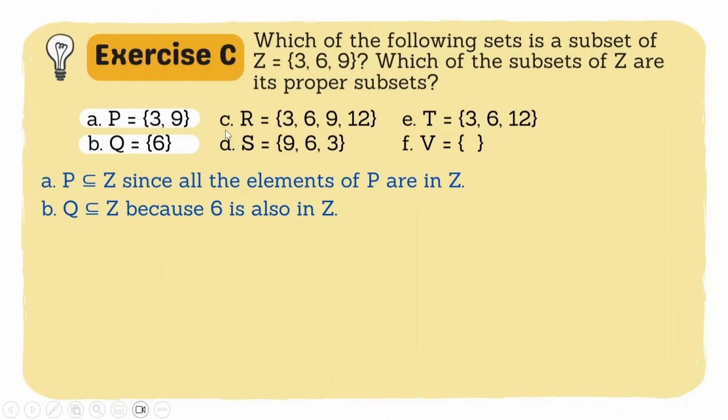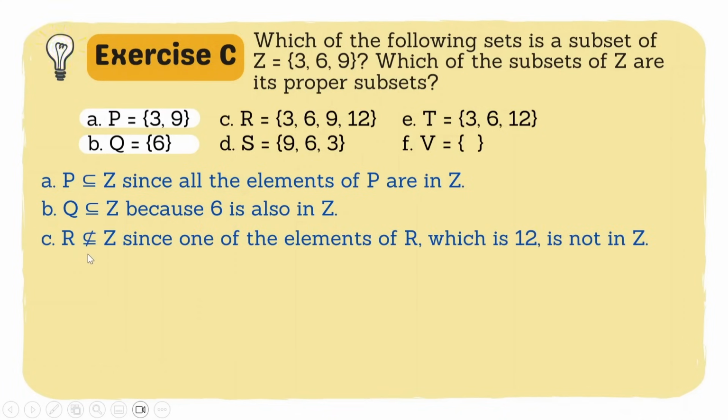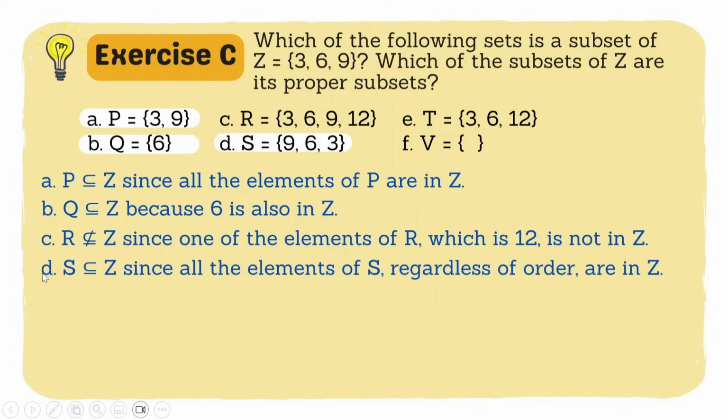Next one, letter C, set R. Lahat po ba ng elements dito kasama sa original na elements? Hindi po. So, set R is not a subset of Z since one of the elements of R, which is 12, is not in Z. Next one, letter D. Set S is a subset of Z since all the elements of S, regardless of order, are in Z. Nabaliktad lang po yung order niya or yung arrangement.